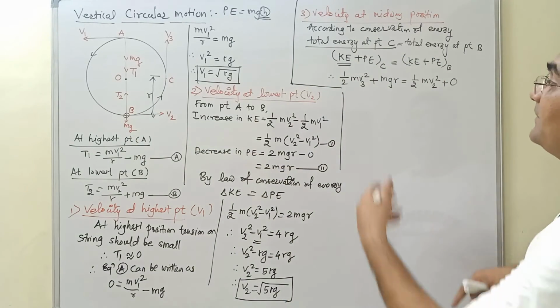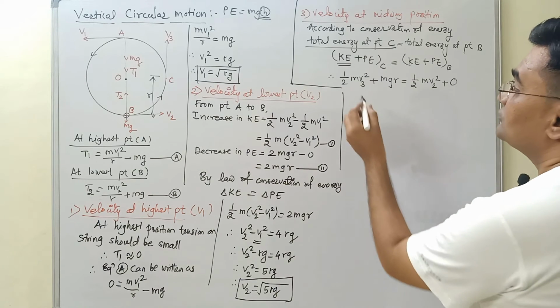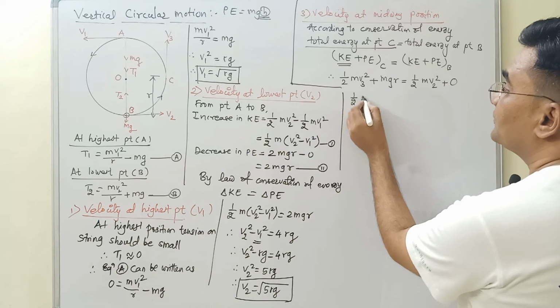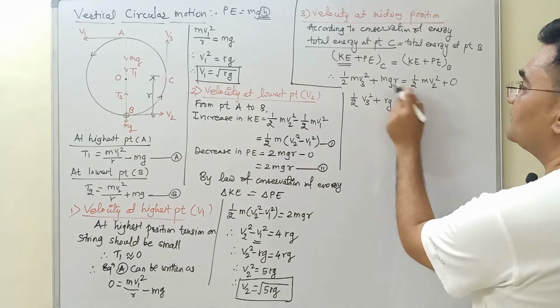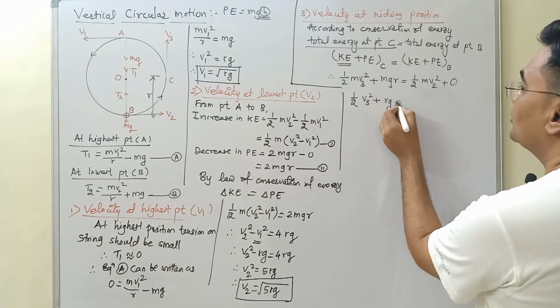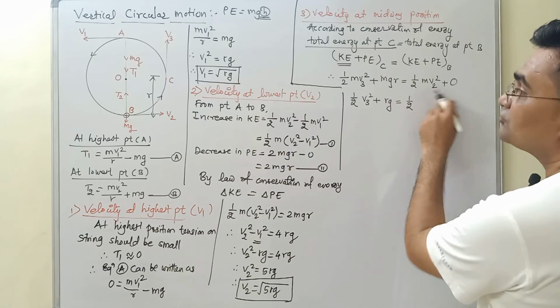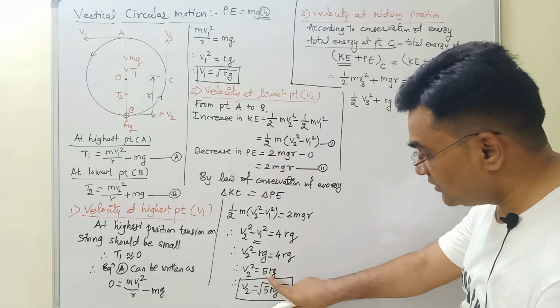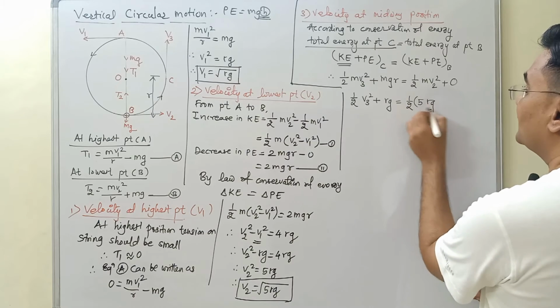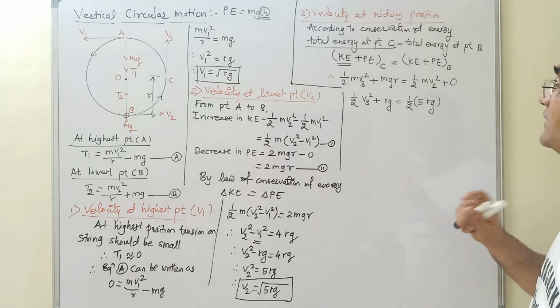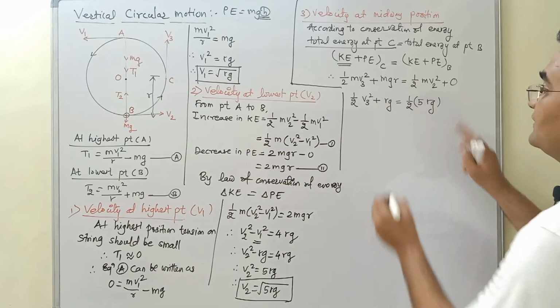Dividing both sides by m, it gets cancelled. So half v3 square plus rg equals half v2 square. But what is the value of v2 square? 5rg. Now I'll shift this rg to the other side.